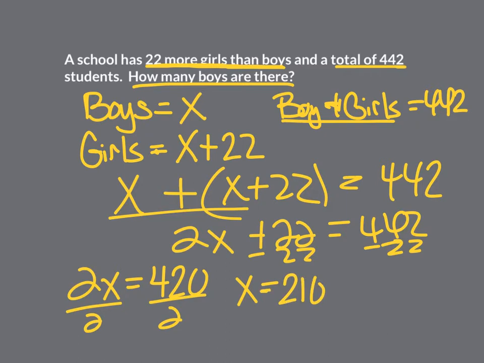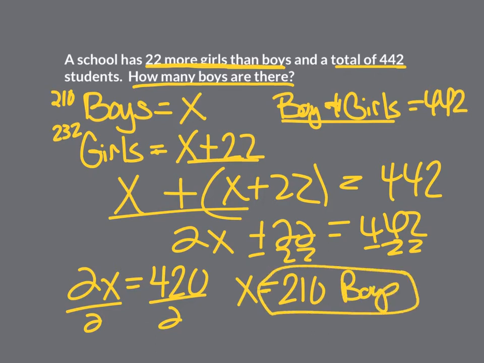So if x is 210, we had 210 boys. And if the girls is 22 more than the boys, then that means we had 232 girls, right? So 210 boys was our answer. All right, let's look at another.